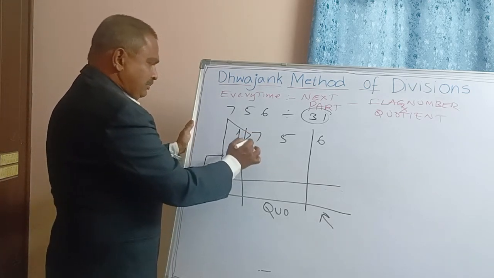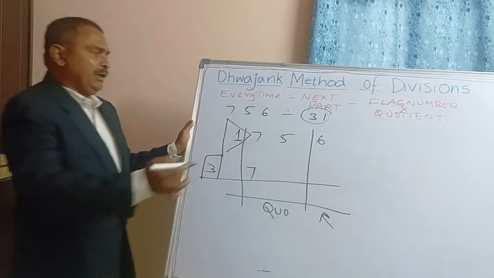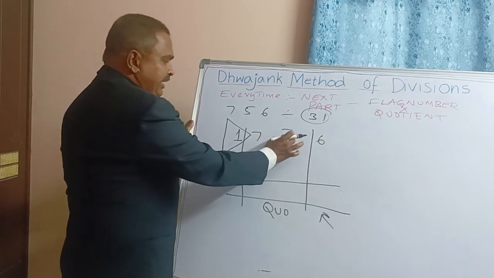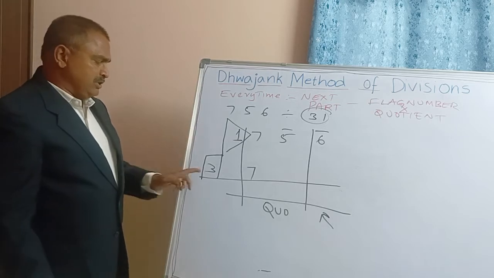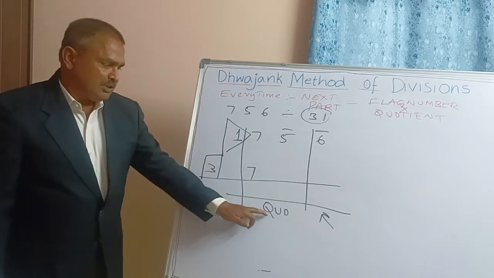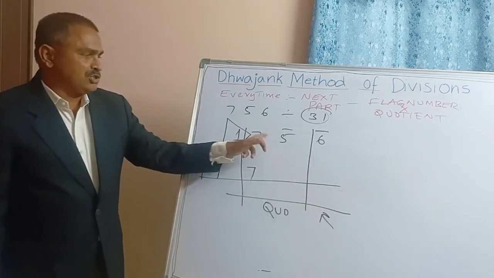Bring down 7 onto the baseline. Now, 5 will be the next part. So, this is the base number, this is the flag number, this is the quotient, this is the remainder box, this is the dividend.